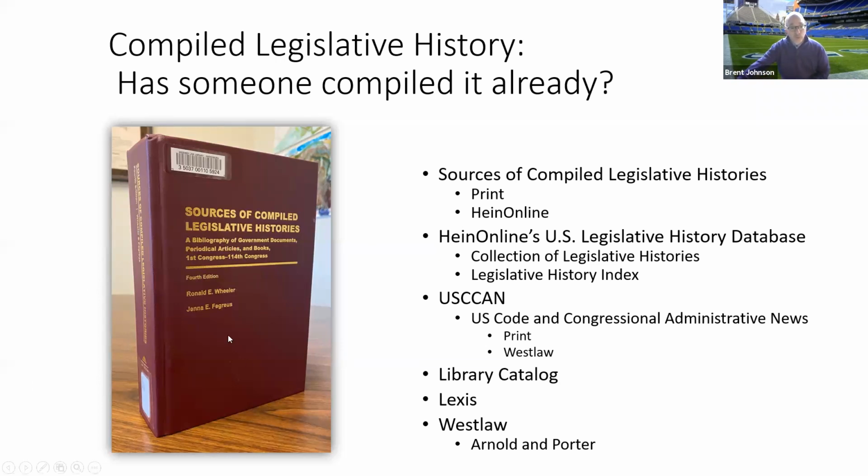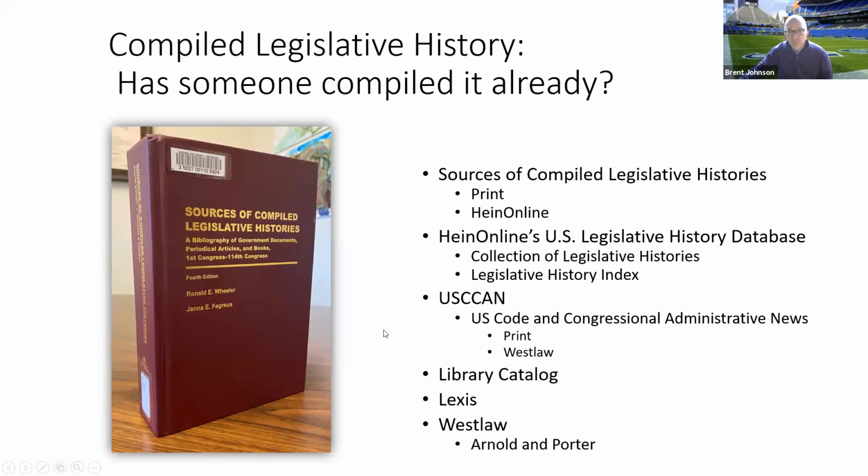In addition to this publication, they have a database of a variety of pieces of legislation where someone's created a compiled legislative history and listed the citation to all of the different documents associated with it. Plus the Legislative History Index is available on Hein Online, so you might be able to plug in your statute citation and see what you can find.